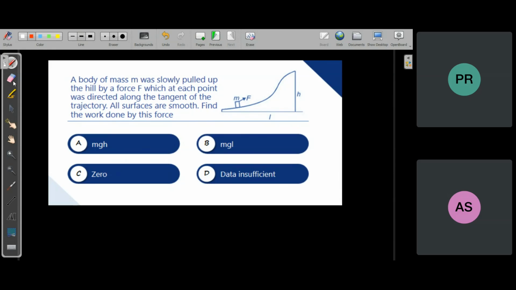When we consider the work energy theorem, then we should consider the work done by the normal reaction plus the force mg plus F motion. Yes, three forces we should consider. So work done by mg plus work done by F plus work done by normal reaction will be zero.